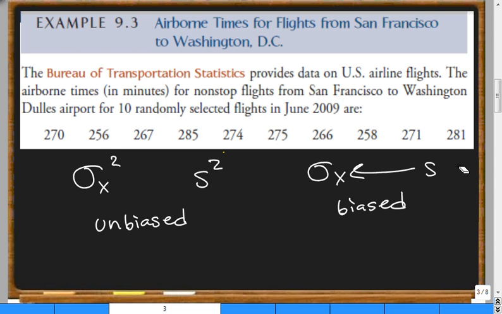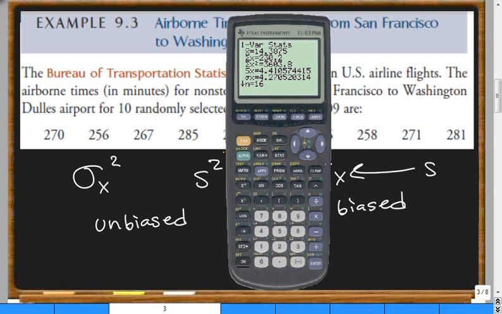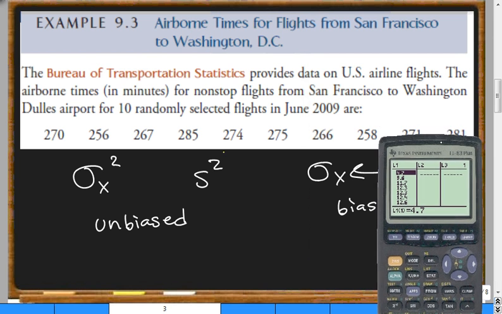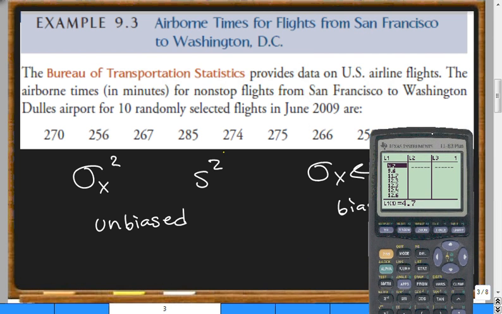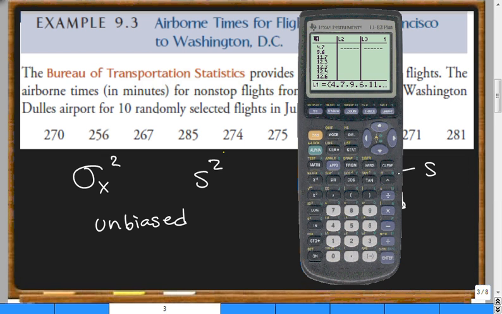And you'll see that when we run this data on our calculator, which I'm going to show you. So we're going to type this data into our calculator. This is about the airborne times for nonstop flights from San Francisco to Washington. And so we are going to go up. Now, if you need to clear a label, you go up to where it says L1. Do not hit delete. You hit clear. Okay? And then we're going to type these in.